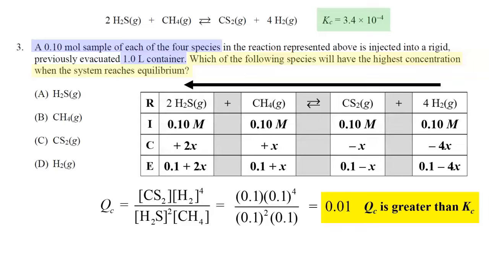I'm going to go ahead and eliminate choices C and D because the concentration of those substances will be less than 0.1 molar. So the correct answer to this question is going to be which substance has the highest concentration at equilibrium, and since 0.1 plus 2x should be a greater value than 0.1 plus x, that means that the correct answer to question 3 is choice A.